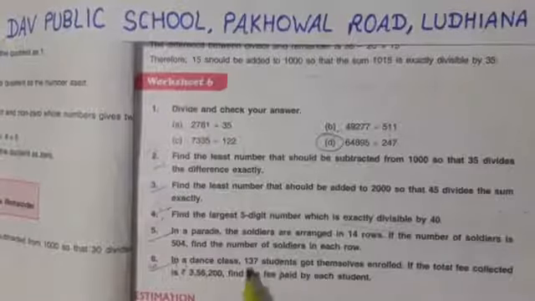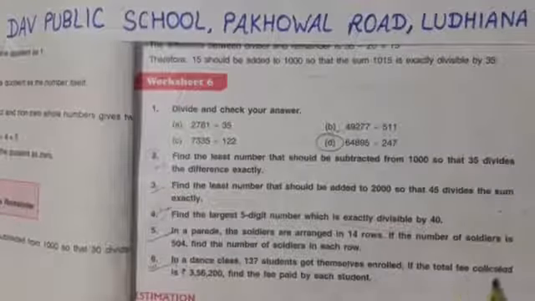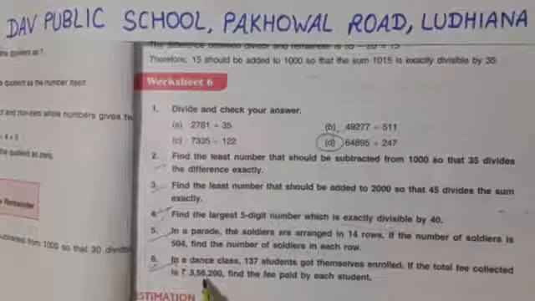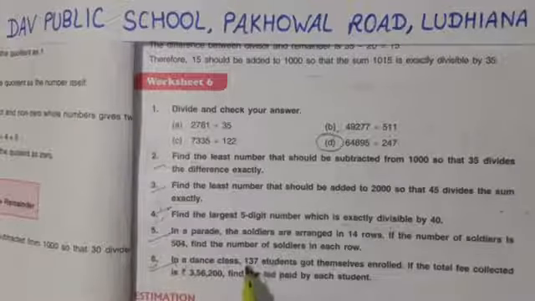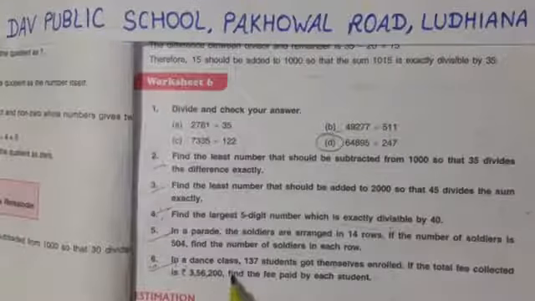The total number of students is 137, and the total fee collected is rupees 3,56,200. We have to divide this fee among 137 students. So we divide this number by 137 and you get the answer. Your quotient is the answer.